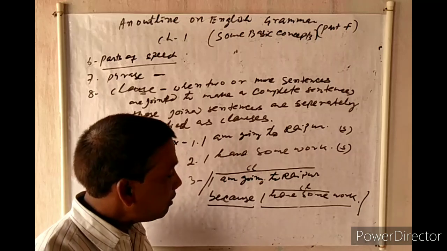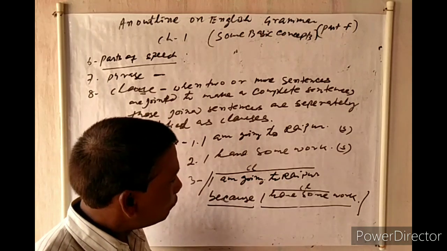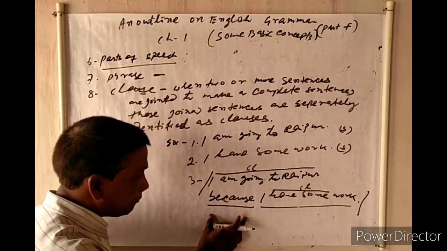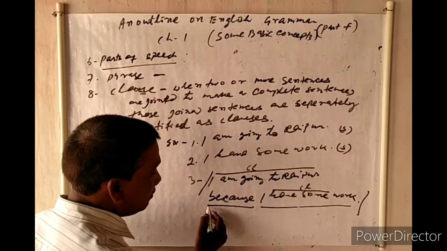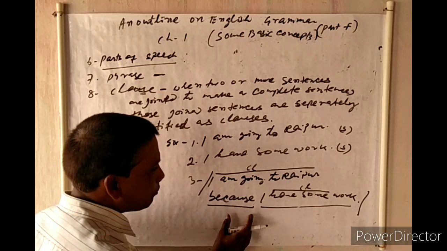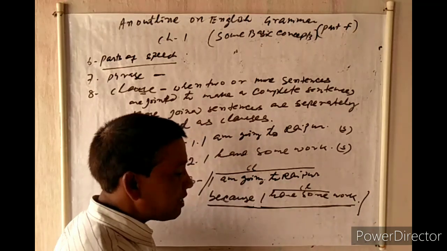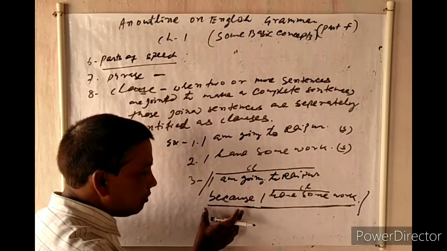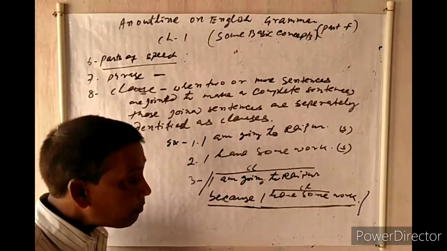It may not be mixed at all, or it will be assimilated with any clause. So, here, I am going to Raipur. मैं रायपुर जा रहा हूँ क्योंकि मेरा कुछ काम है. You'll come to realize that क्योंकि मेरा कुछ काम है, from here to here, it might constitute a sense.